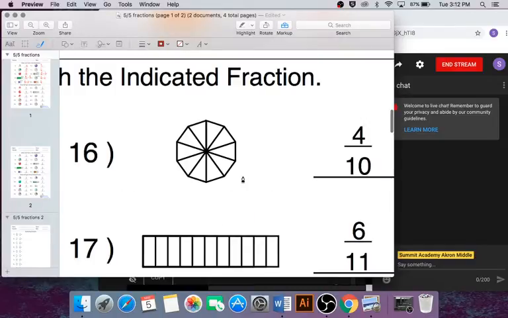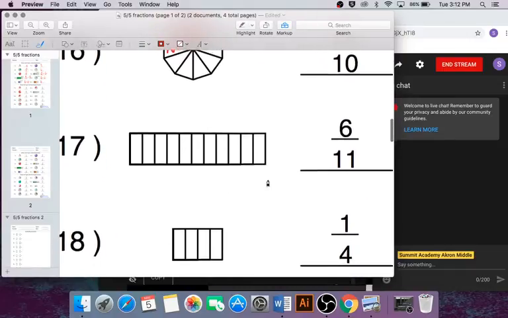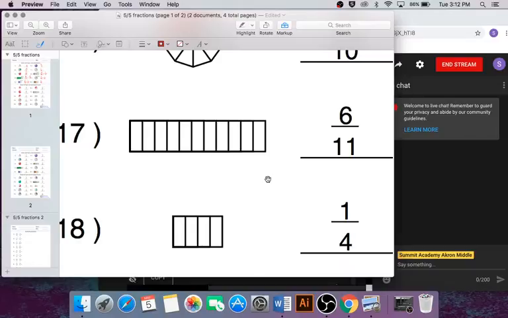Number 16, our decagon has 10 pieces in it, and we're going to shade in 4 of those pieces. Number 17, our rectangle is split into 11 pieces, and we're going to shade in 6 of those.